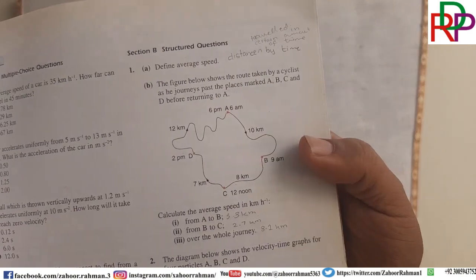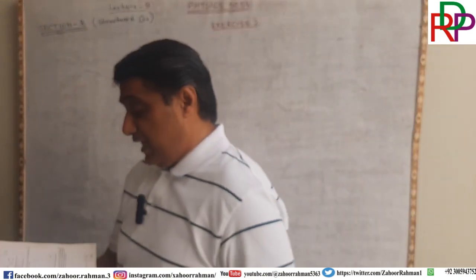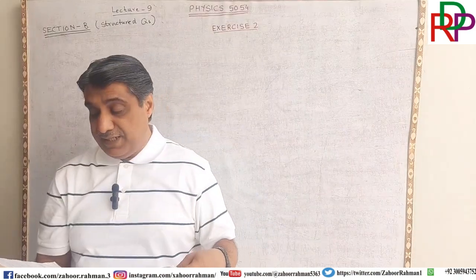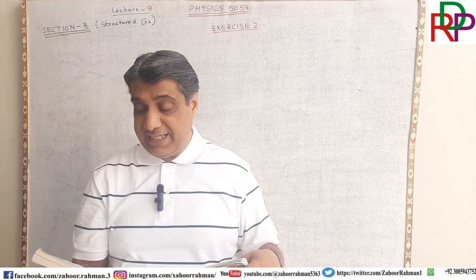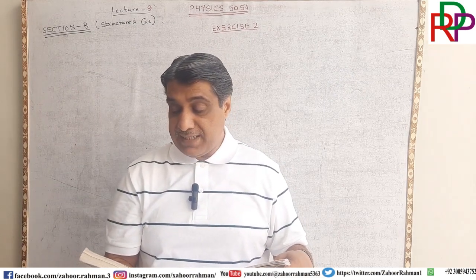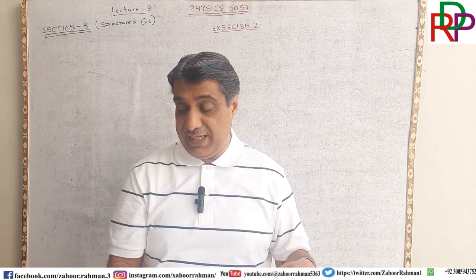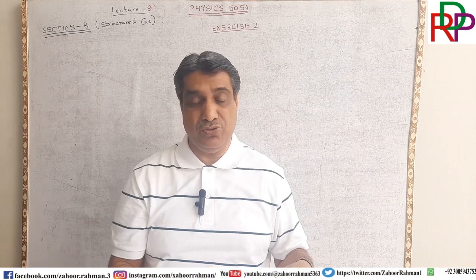There is a figure given here. So now let us solve it. The figure below shows the route taken by a cyclist as he journeys past the places marked A, B, C, and D before returning to A.